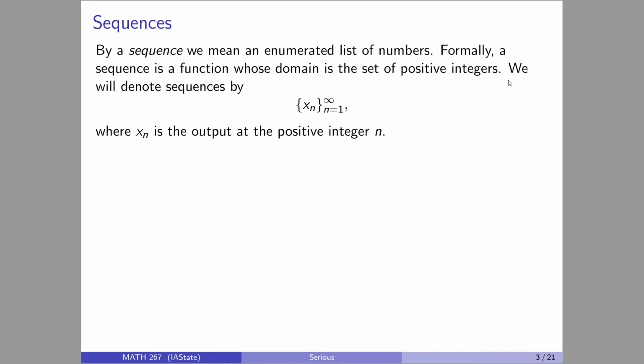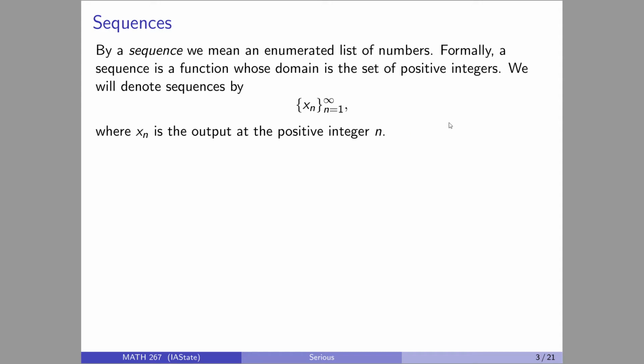Now, we will denote sequences, so the notation that I like using is this one right here, indicating that n starts at 1, goes off to infinity, and x sub n is the output for the positive integers n. It's worth noting that there's a lot of other notation that a lot of people use for this stuff. This is the one that I like. Some people hate this notation, some people love it. I like it. I think it clearly communicates what's going on, but whatever.